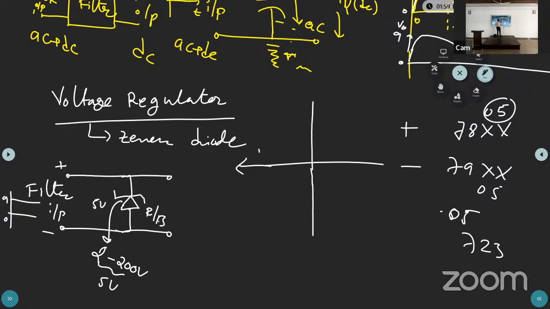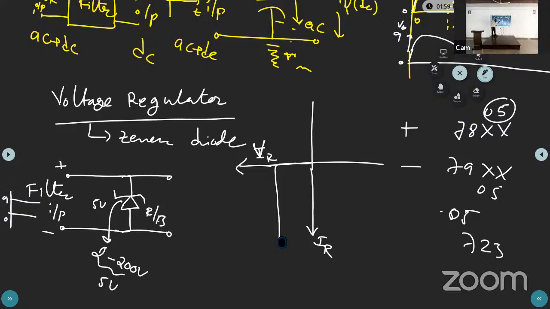Yes, the Zener diode, the reverse voltage VR, and here the reverse current IR. Okay, so if voltage increases, in the Zener diode still there is no current flow. But if you keep increasing the voltage, then it will start the conduction.